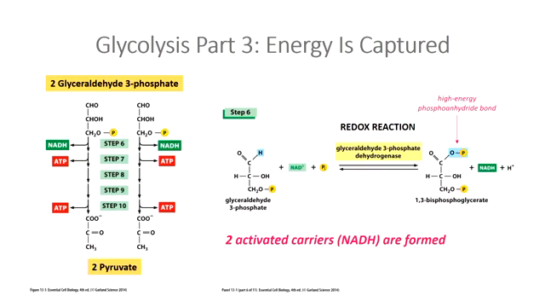And so what's going to occur is that we are going to take this aldehyde group here and we're going to oxidize it to a carboxyl group. Remember, in our hierarchy of carbon oxidation, aldehydes were more reduced than acids were.